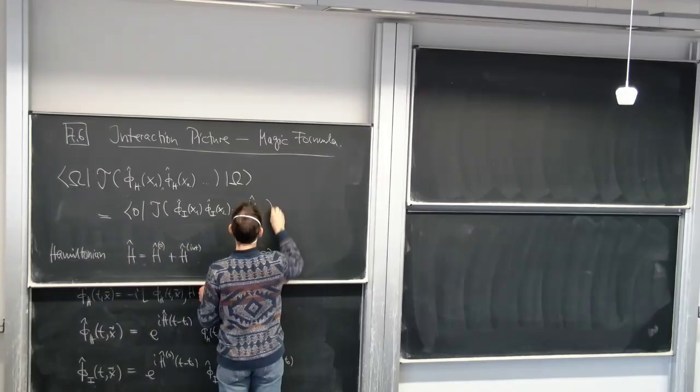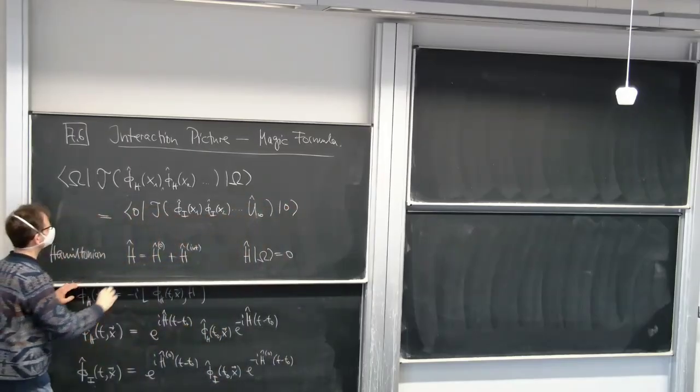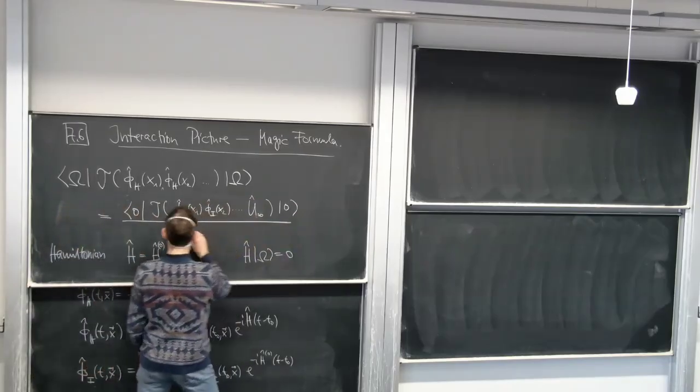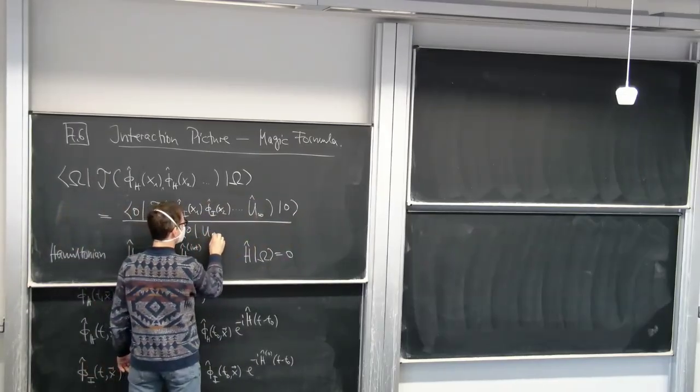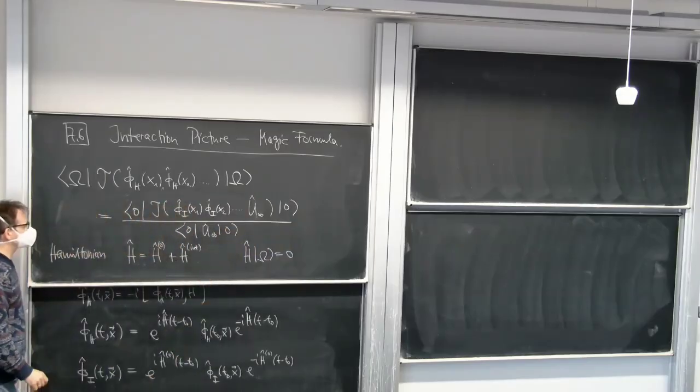That's all of it, and then time order results, and then boom, and that's almost good. You have to divide by U infinity just for normalization.